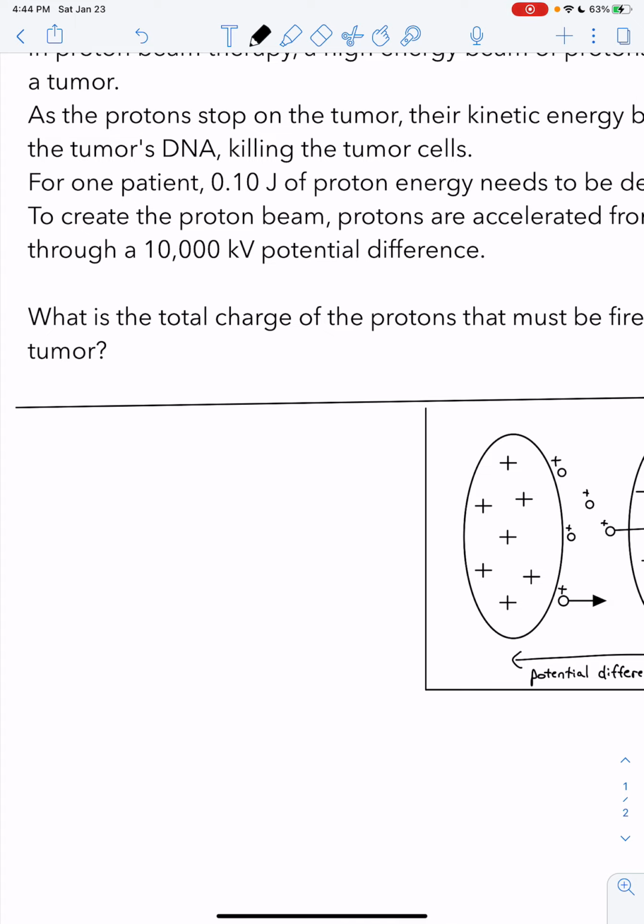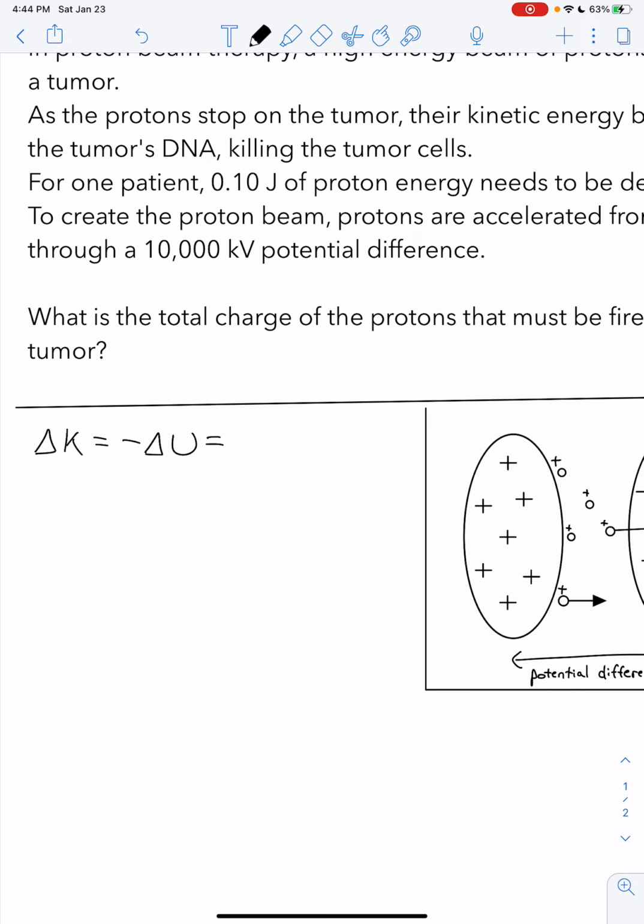Well, we're looking at a conversion between different forms of energy. We're using this potential difference to produce kinetic energy. So we could say our change in kinetic energy is going to be equal to the negative of our change in potential energy.